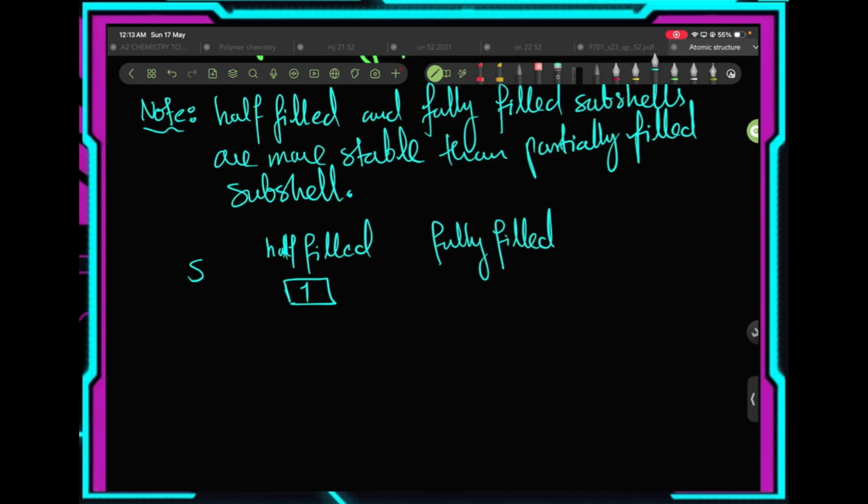S could accommodate 2 electrons, half of that is 1, so half filled is 1, right? And fully filled is 2 electrons. So that means that there isn't any partially filled case for the s orbital. S can never be partially filled. It can either have 1 electron or 2 electrons, so it is either half filled or fully filled.